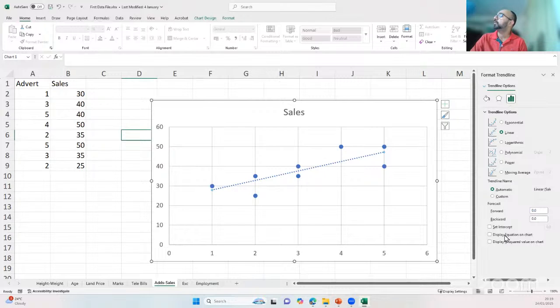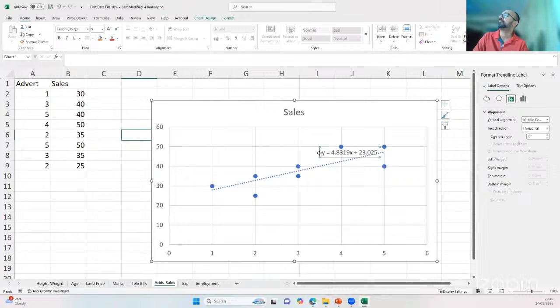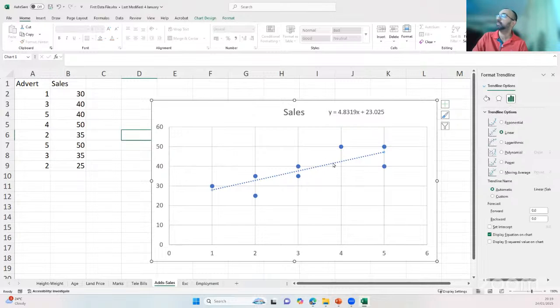In the bottom area, you can see this: display the equation on the chart. It will show you the equation on the chart based on the least squares method.